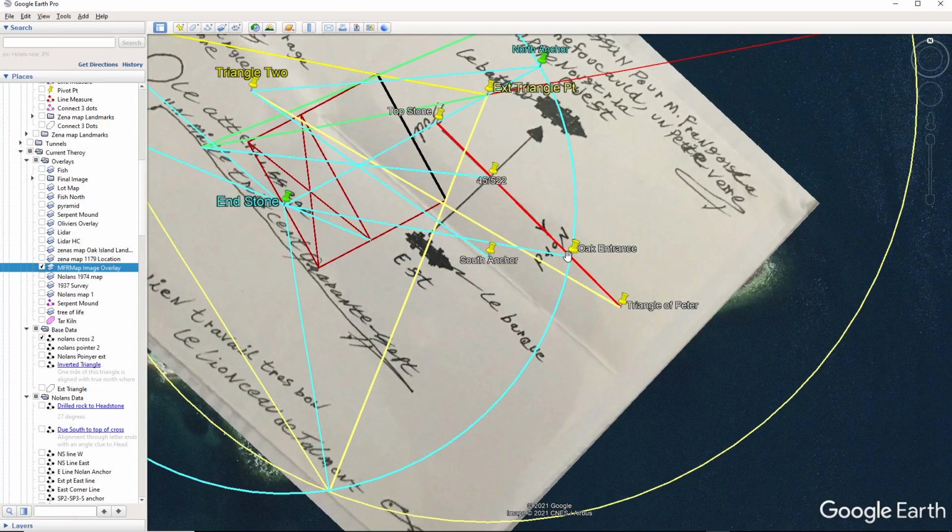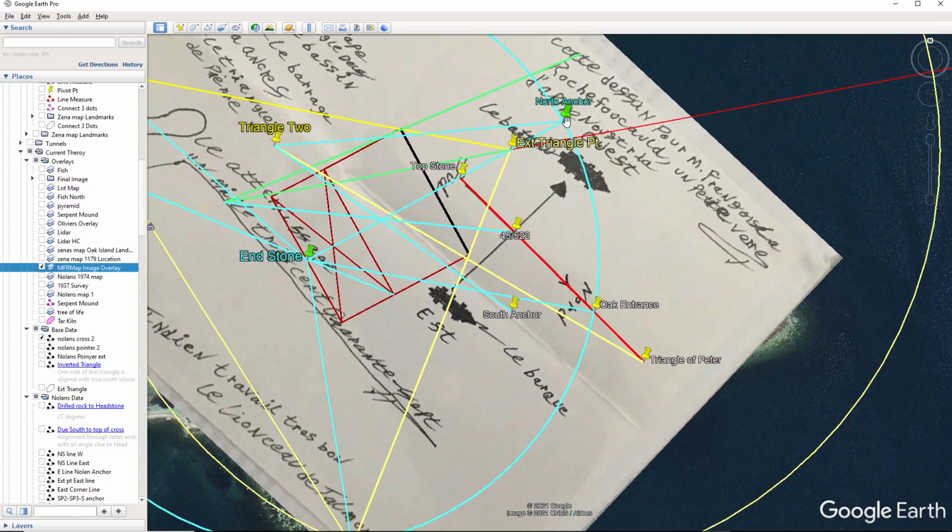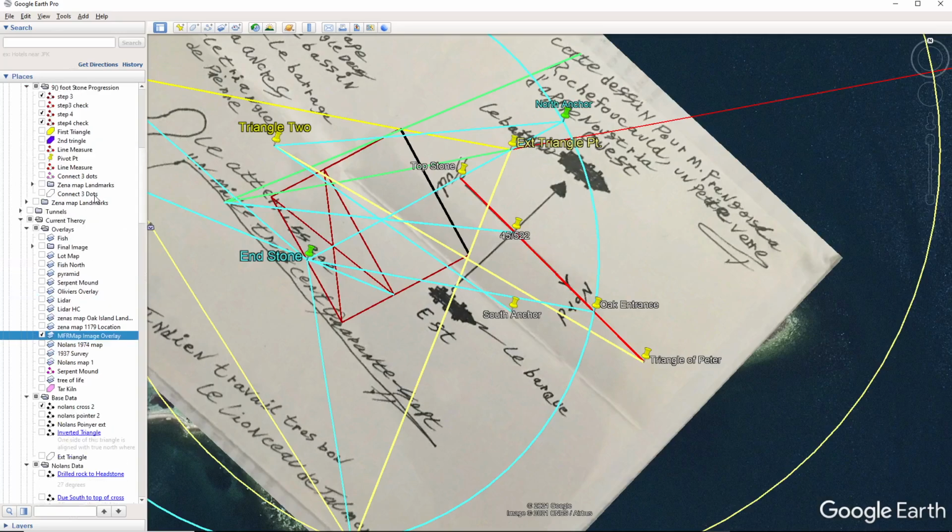I mean, this oak entrance was established by Fred Nolan's data. This south anchor was established by Fred Nolan's survey. This north anchor was basically discovered by Fred Nolan's survey.